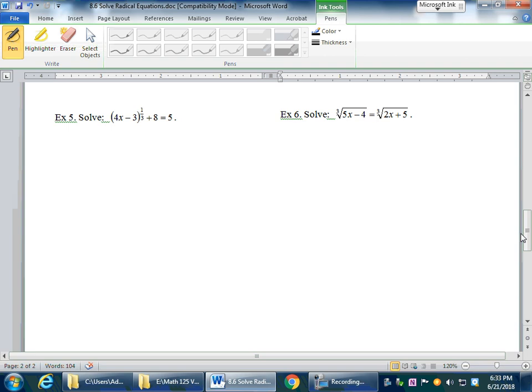Sometimes you will get radical equations in terms of rational exponents, which we need to remember how to rewrite. So 4x minus 3 to the 1/3 power is equivalent to saying cube root of 4x minus 3, plus 8 equal to 5.